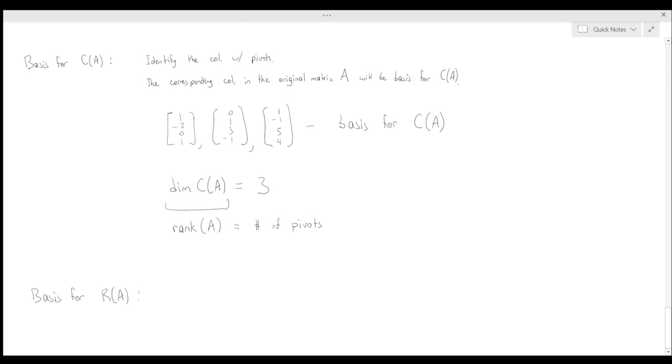Next, to get a basis for the row space, simply take the rows with pivots in the reduced matrix.